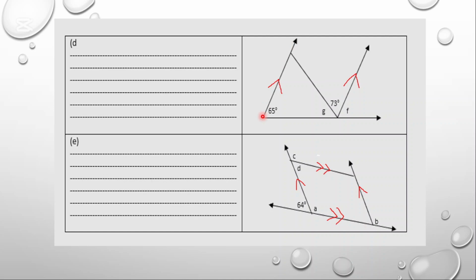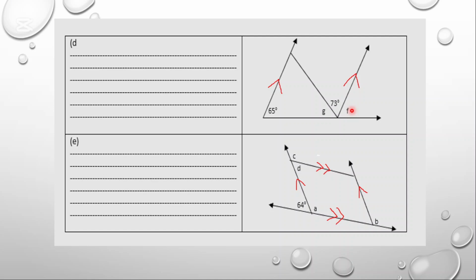These two lines are parallel. That is the transversal, and we have a transversal over here. Right hand side of the parallel line, right hand side of the parallel line. So 65 degrees and F form a pair.